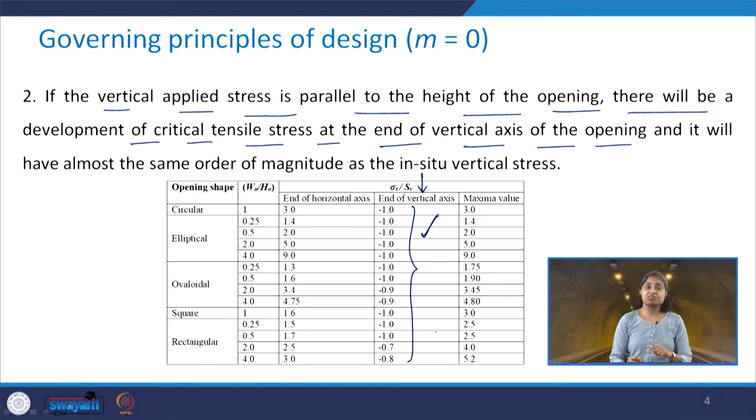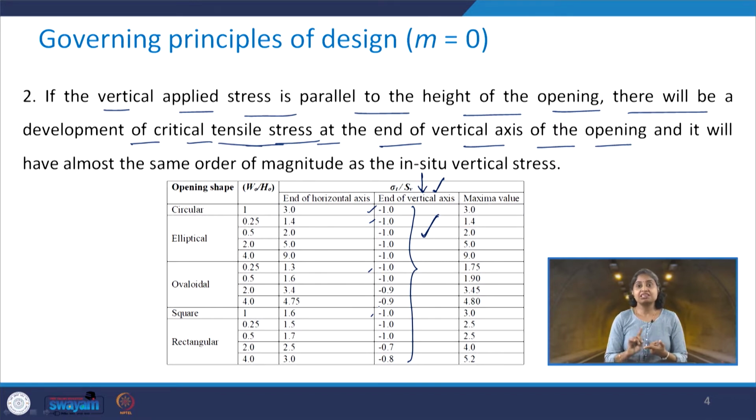So, a similar observation is seen here, that at the end of the vertical axis of the opening, you have the critical tensile stress, because here it is all -1, the stress concentration factors are all with a negative sign, and they have almost the same order of magnitude as that of the in situ vertical stress. So please remember, this forms the second governing principle of design under uniaxial state of stress.